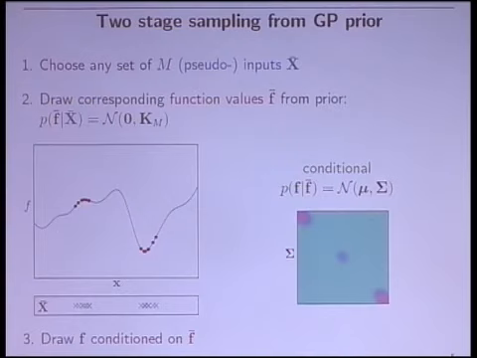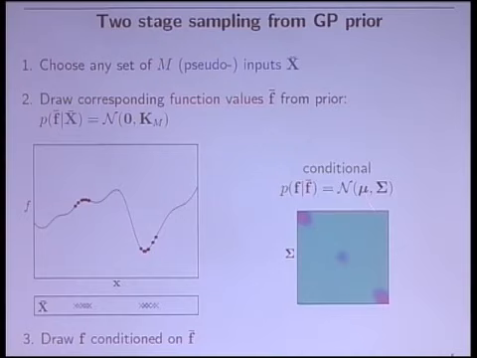They live in the same space, but they're just prototype input points. Draw the small set of corresponding function values from the Gaussian process prior, and then conditioning as if we'd observed these, we draw the rest of the function. So this would be one sample drawn from the Gaussian process.